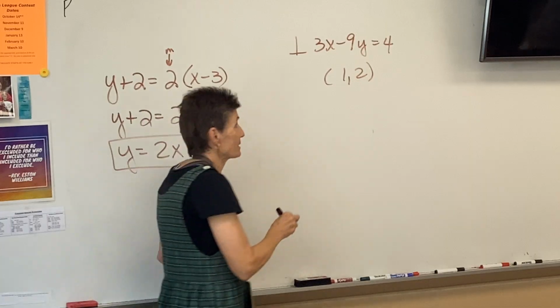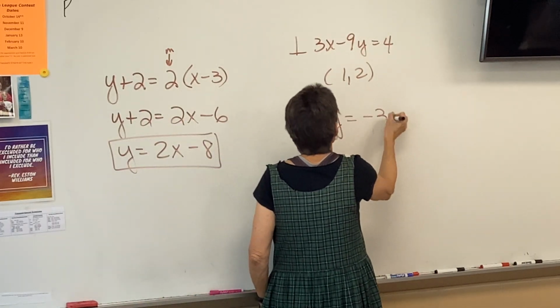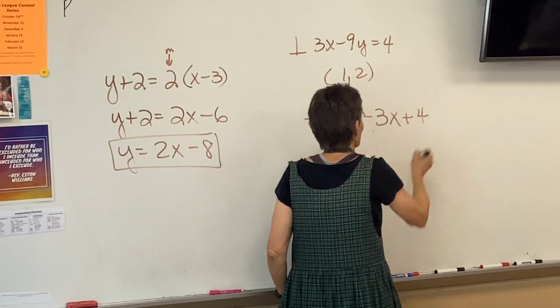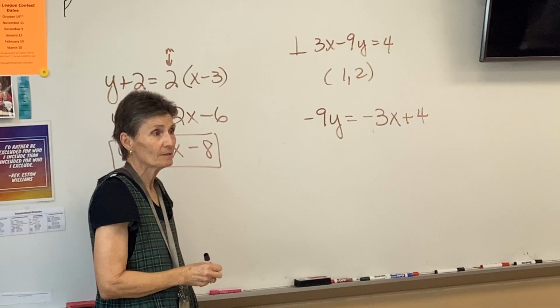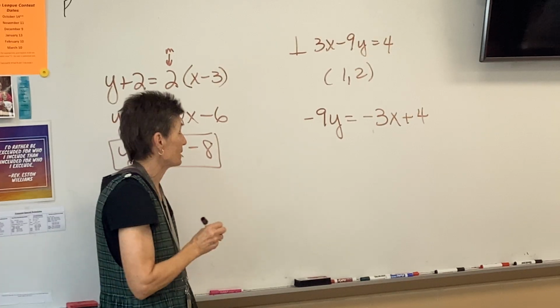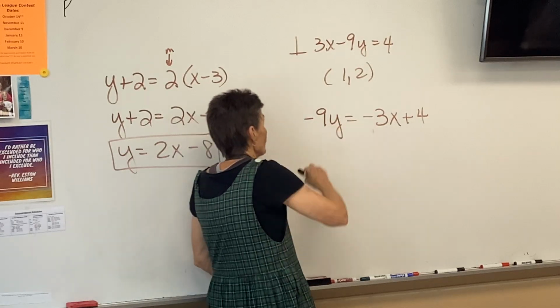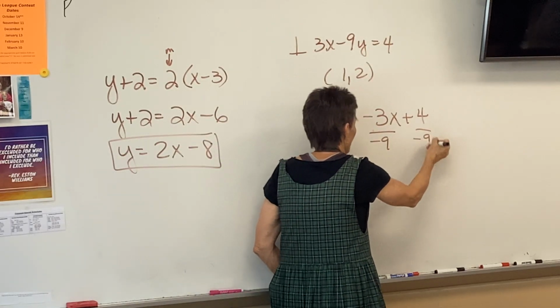Get the y by itself. So we're going to move things around. And I'm going to do that carefully, because if I lose a negative, that matters. So I've got to keep track of everything. So subtract 3x over, and then divide by negative 9.